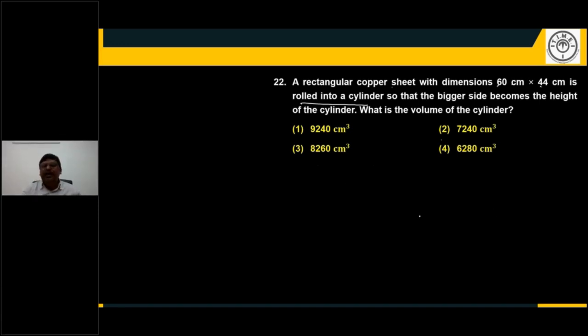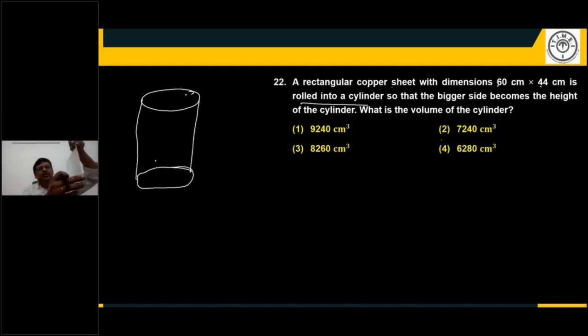So friends, when you fold it like this, like a cylinder, this smaller side will become the base perimeter now. So this will be 2 pi r, this will be 44. And students, the bigger side becomes the height. So 60 is the height.